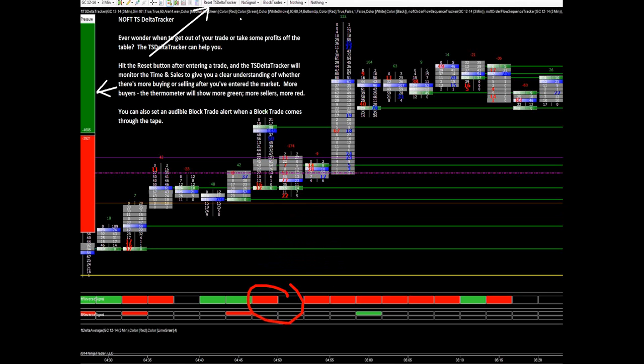Let's see. Why is the tracker filter red when the market is going up? You can actually see the number in there: you got 4605 versus 3921, at the bottom. Sorry, Dan, just wait.